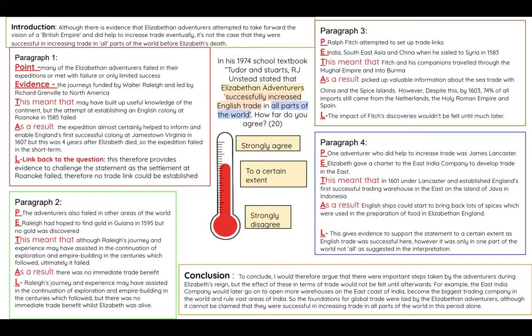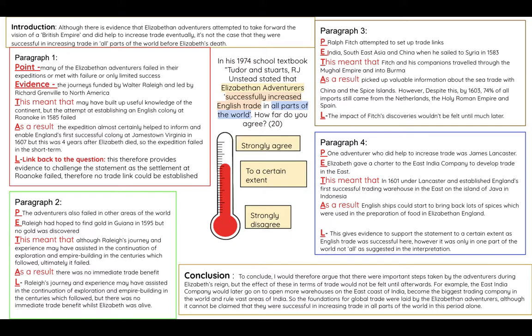So this meant that although Raleigh's journey and experience may have assisted in the continuation of exploration and empire building in the centuries which followed, ultimately it failed. So as a result, there was no immediate trade benefit, but it did set the foundations for further exploration.